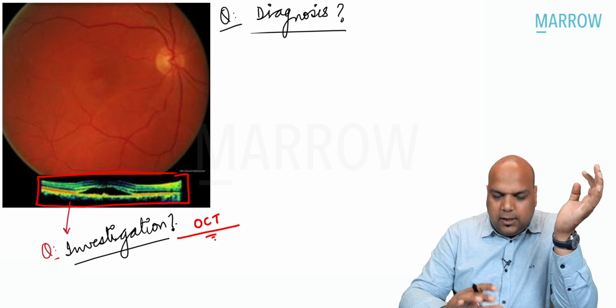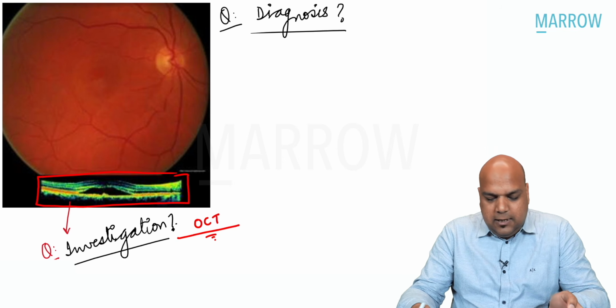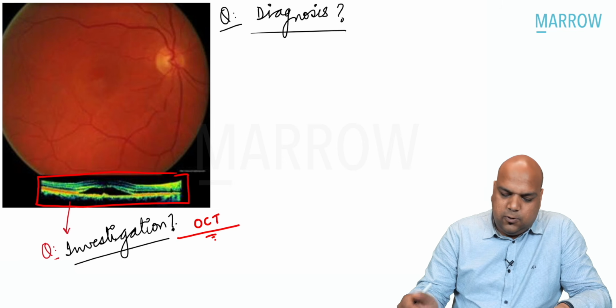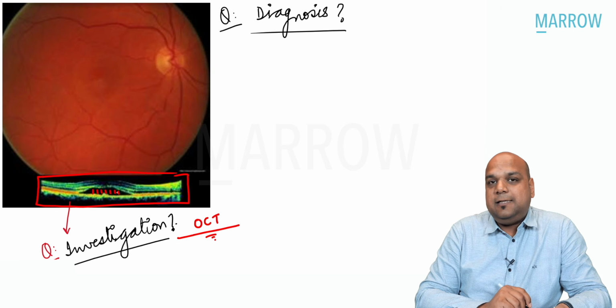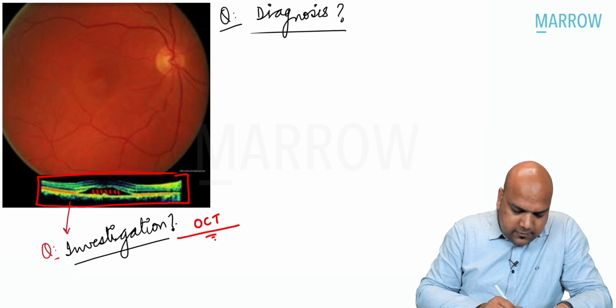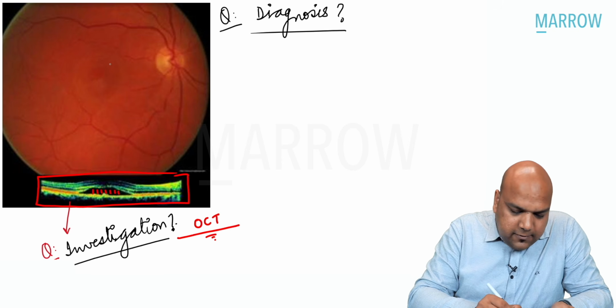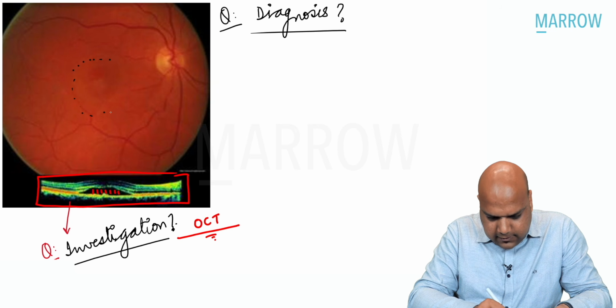Now, what are they showing you in both the images, optical coherence tomography and the fundus image? Let us first focus on the optical coherence tomography. You see that there is collection of fluid in the subretinal space. Here you see the macula. It's a very difficult image to see on the fundus, a difficult fundal diagnosis.